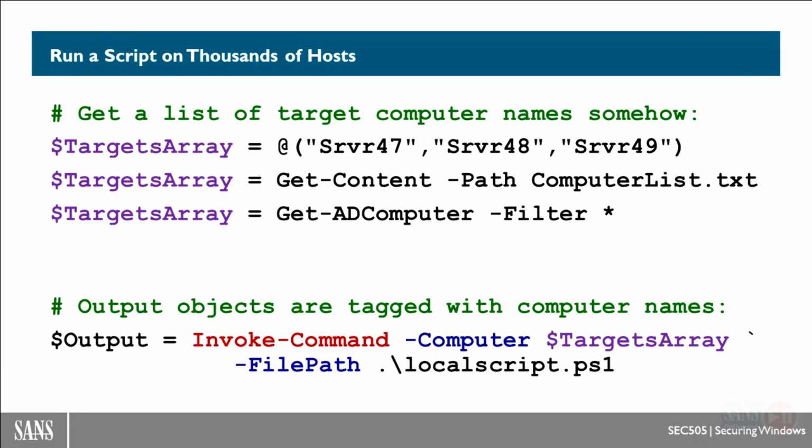So that means by default, you'll have a live connection to 32 machines at a time. And as each thread does its work and finishes, that thread just simply goes to the next computer in the list. So one way to think about it is that if you have 5,000 machines and you want to run a command or script on all 5,000 of them, you do the first 32, the next 32, the next 32, the next 32, and so on. And you just keep cranking through that list of 5,000 computer names until you run that script on all 5,000 machines.